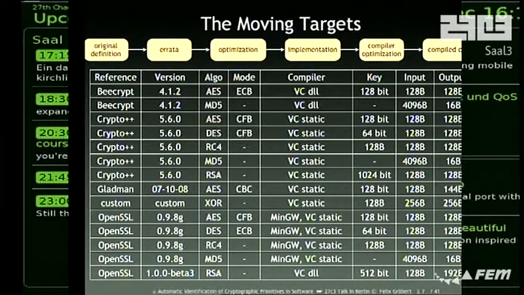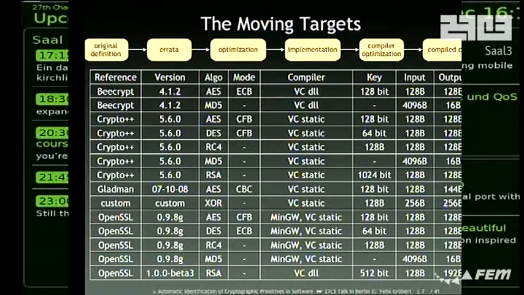Then you have optimization on the source code level, which gets us to the final implementation, which is then again optimized depending on compiler and compiler options to the final x86 compiled code.